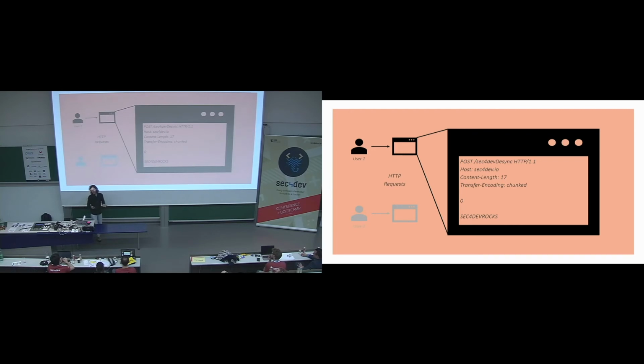And I'm going to show you a demo right now in which the front-end server respects the content length request header, and the back-end server respects the transfer encoding request header.